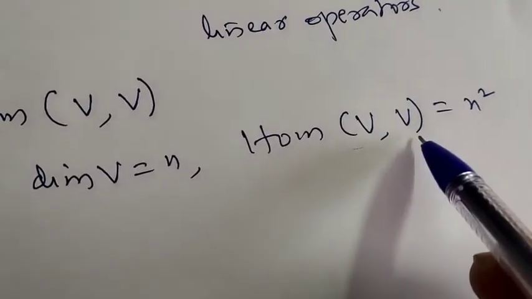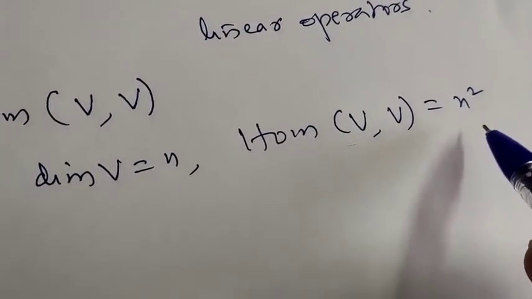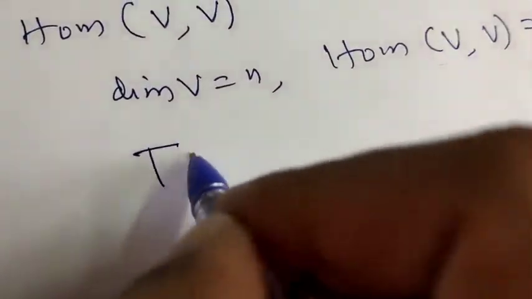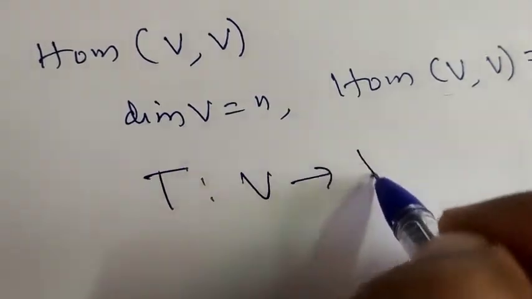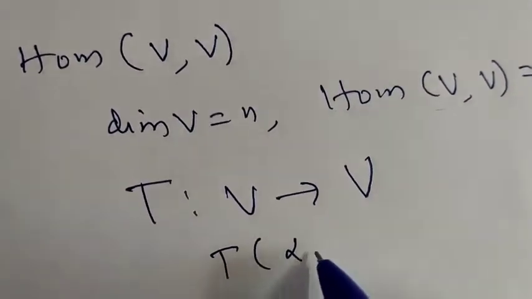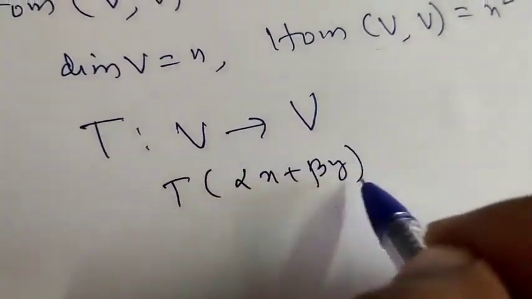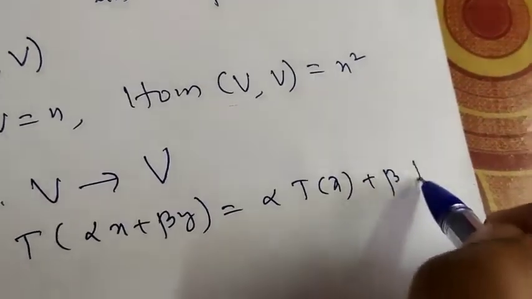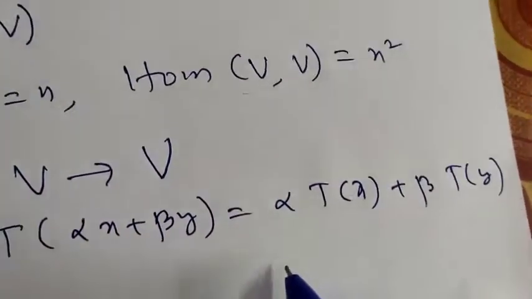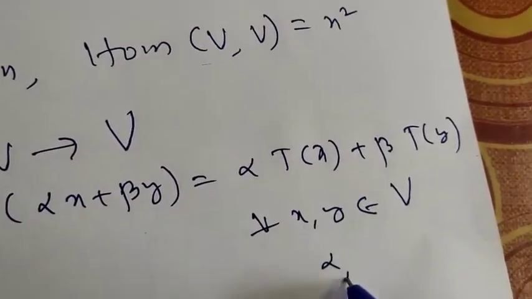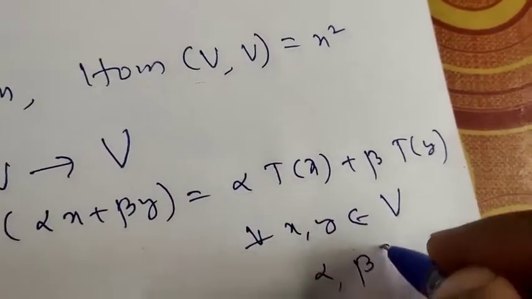Accordingly, the dimension of Hom(V,V) is n square. Okay. Now, combining these two statements, we can say that a mapping T from V to V is said to be linear if T of alpha x plus beta y is equal to alpha times T of x plus beta times T of y for every vectors x and y belonging to V, where alpha and beta are scalars.